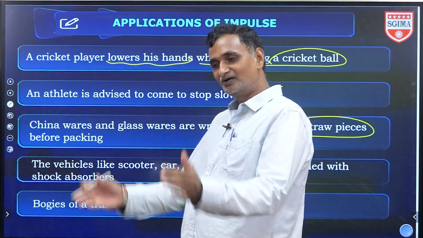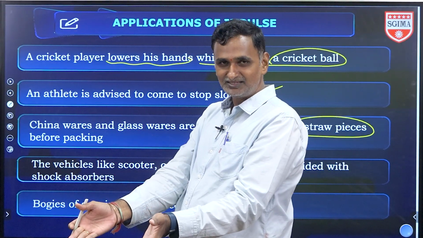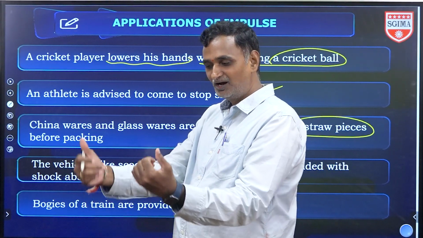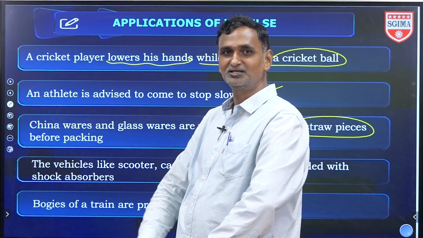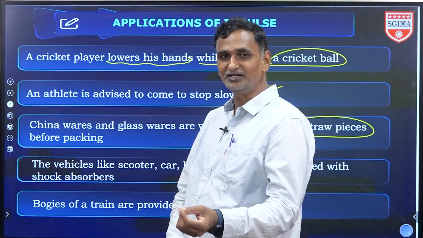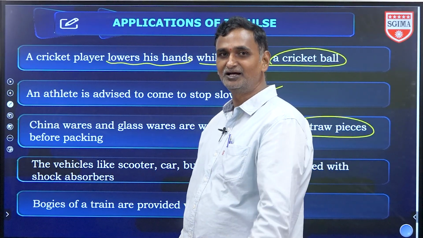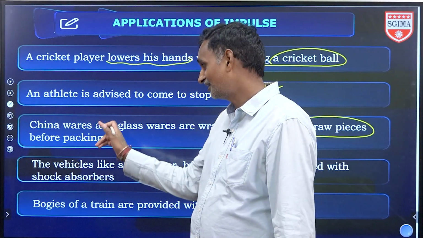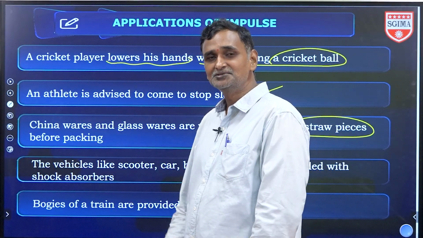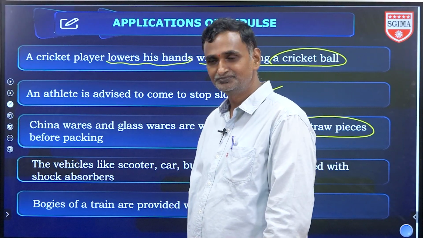Falling from a certain height, it gains some velocity, so there is momentum, and dropping on the floor suddenly changes the momentum to zero. But it does not take more time, very small time. So the impact reaches the objects directly. Those objects are fragile, so they will break.